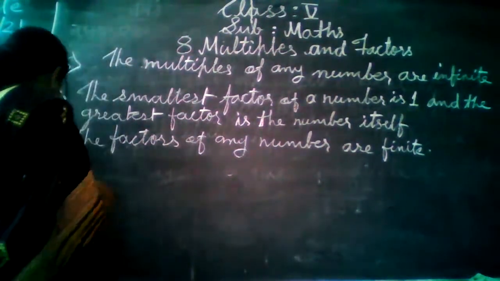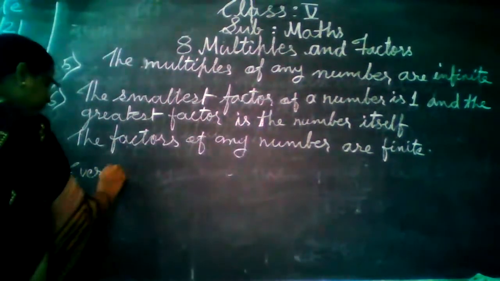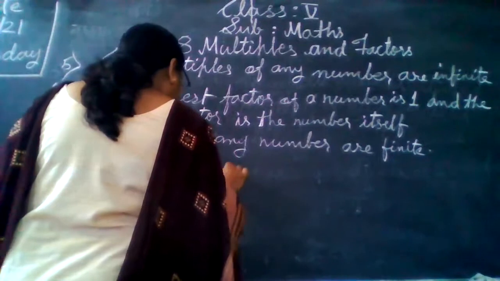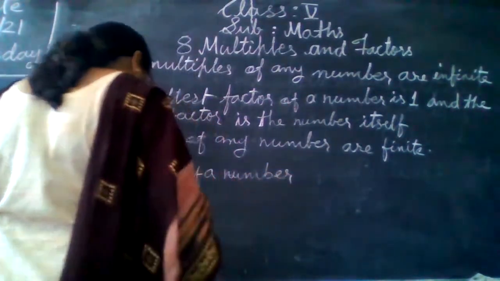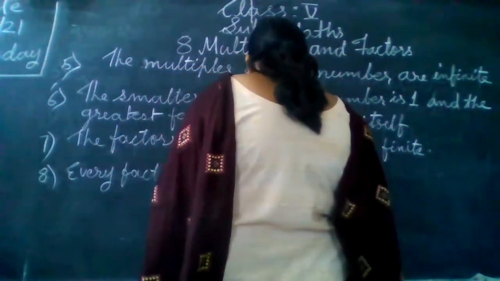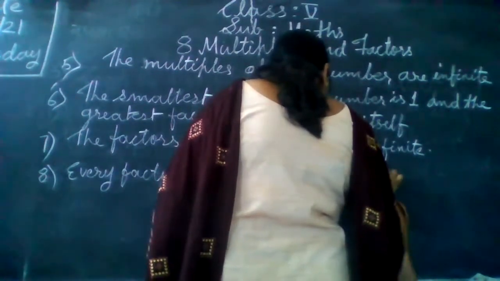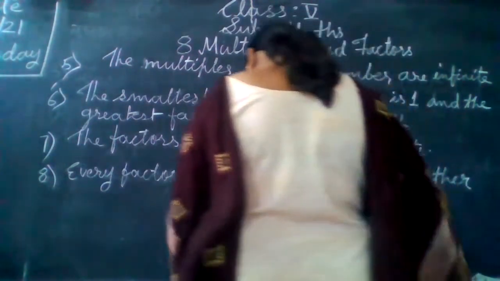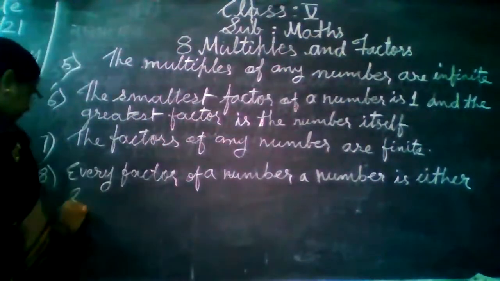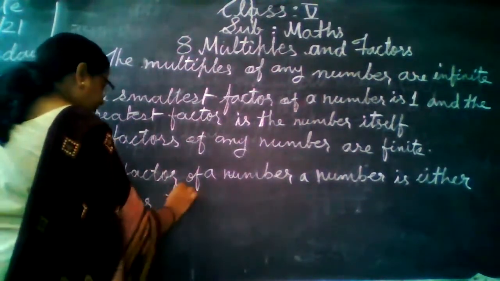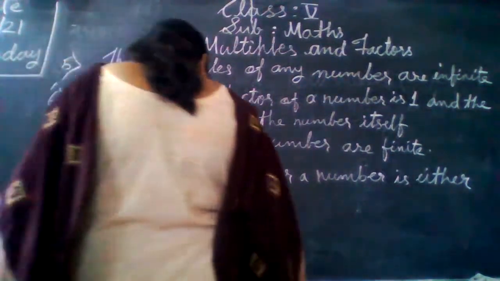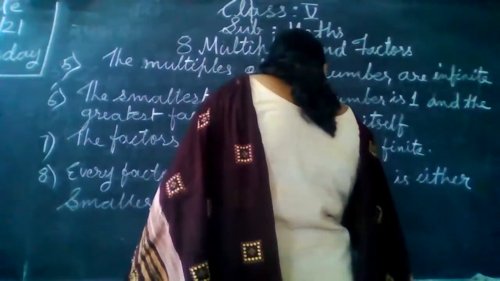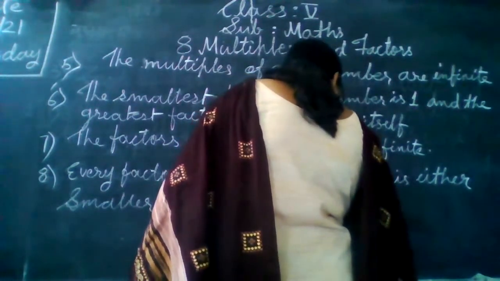Every factor of a number is either smaller than or equal to the number.